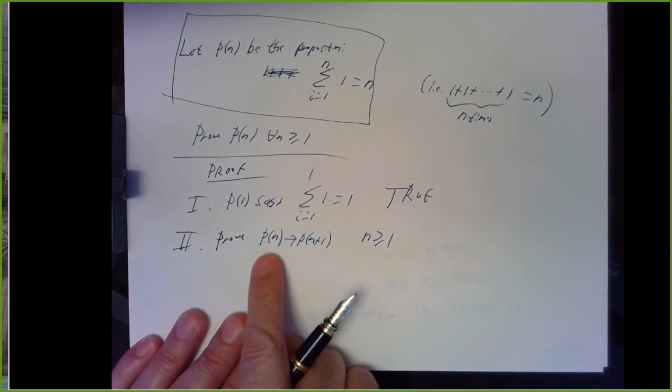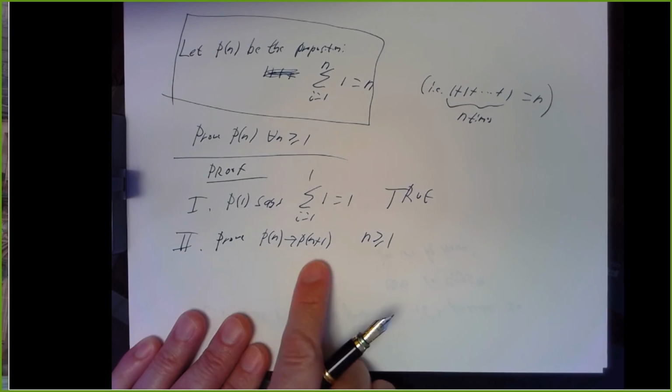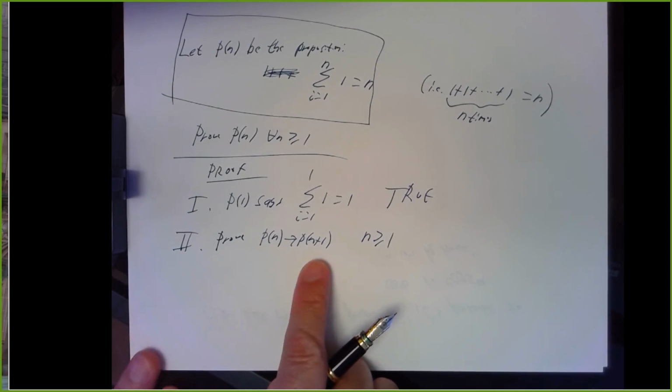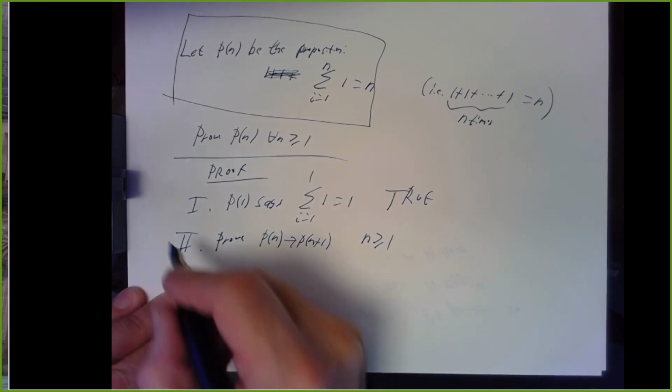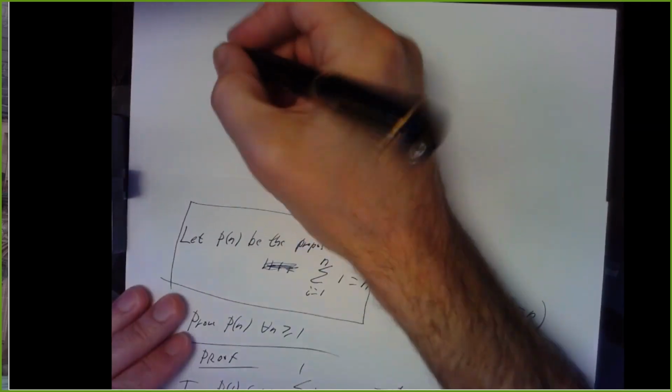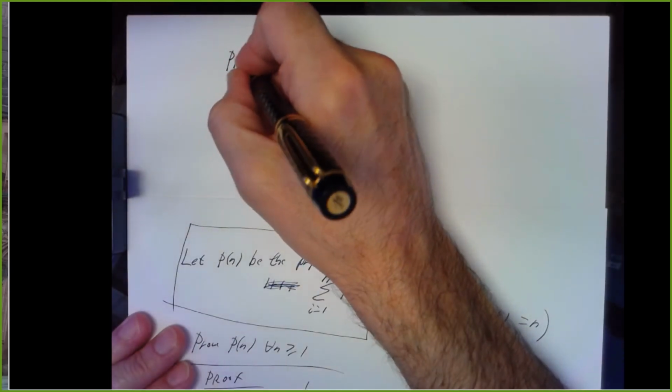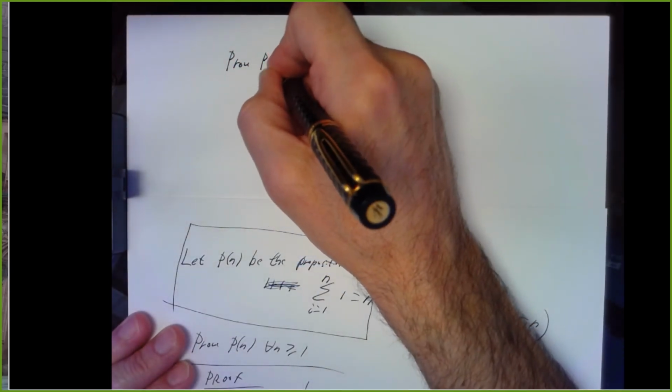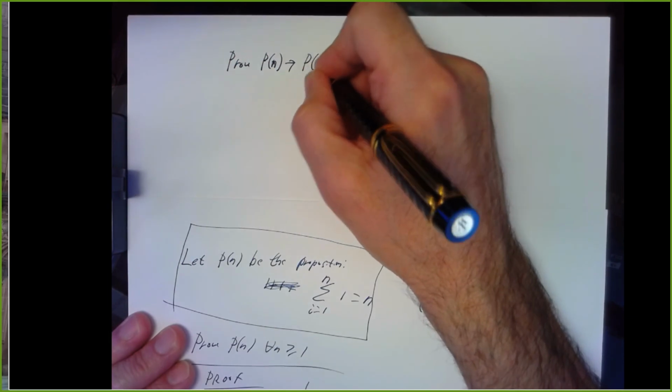I'm going to assume that the sum from i equals 1 to n of 1 is equal to n, and I'm going to prove P of n plus 1. So this is like a little side proof now. So let's prove P of n gives us P of n plus 1.